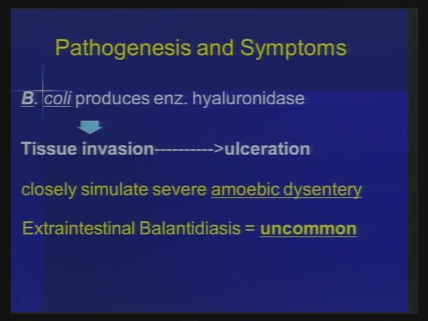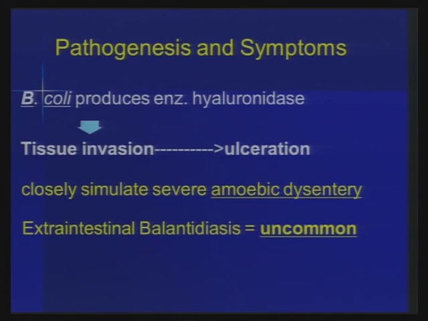So this is a flask-shaped ulcer. So the same, they can cause dysentery. What does dysentery mean? Yes, the patient can pass stool with blood and mucus.